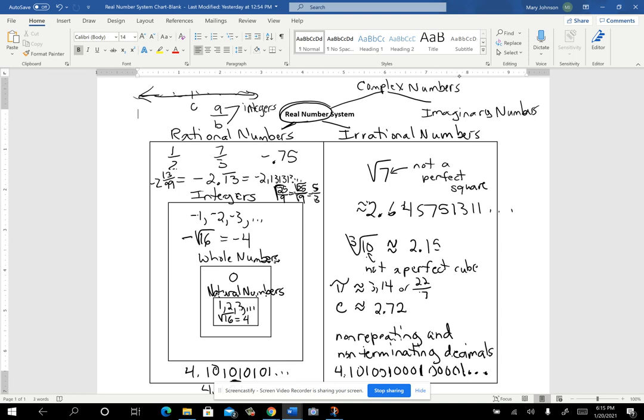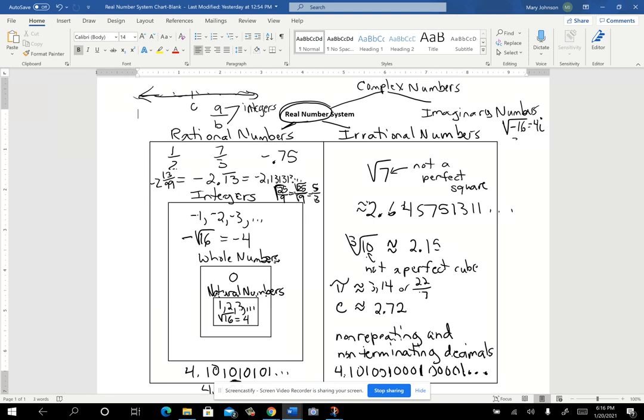Okay, and imaginary numbers, somebody made them up because we needed to have an answer to something like the square root of -16. You can't find a number times itself that equals -16. We had to make up this number, we call it i, that stands for the square root of -1, and the square root of -16 would be the imaginary number 4i.